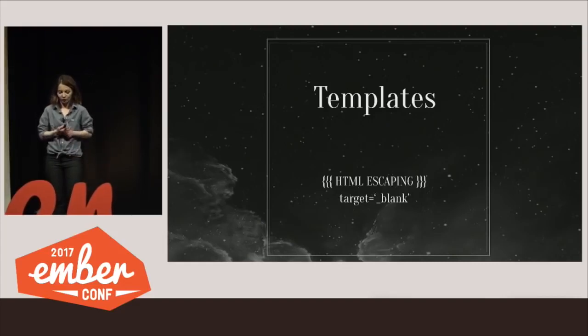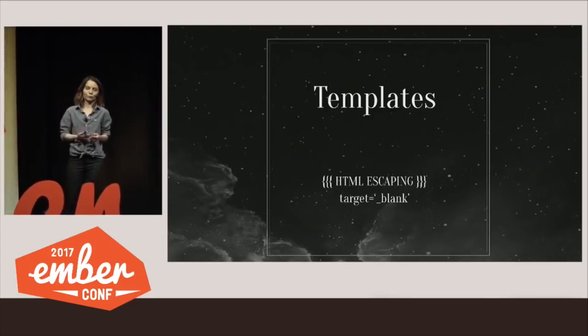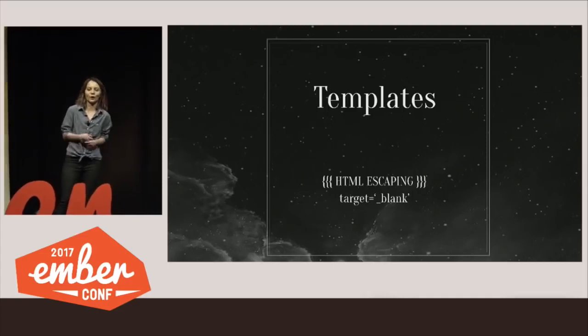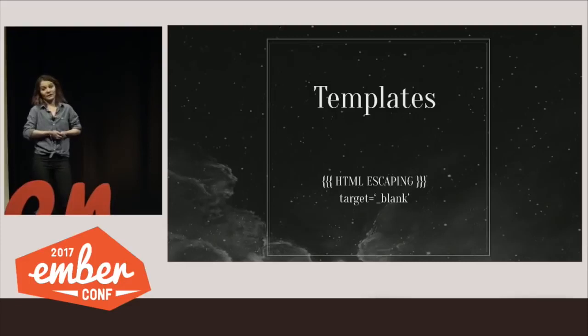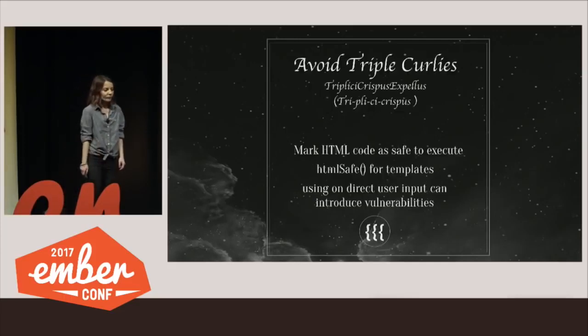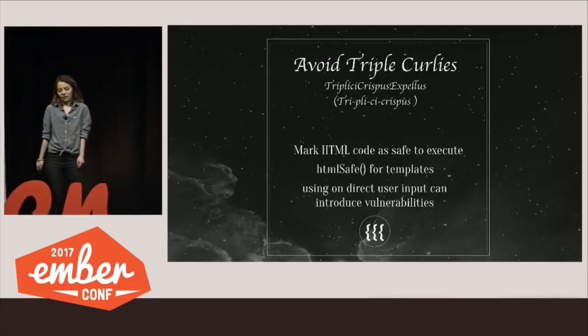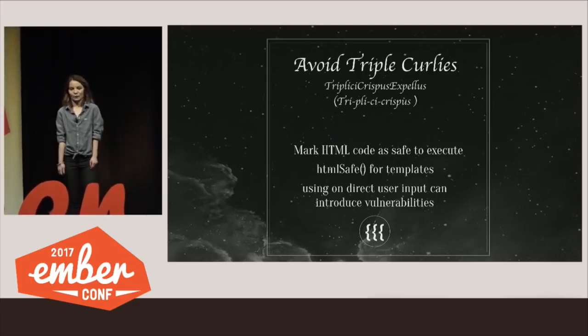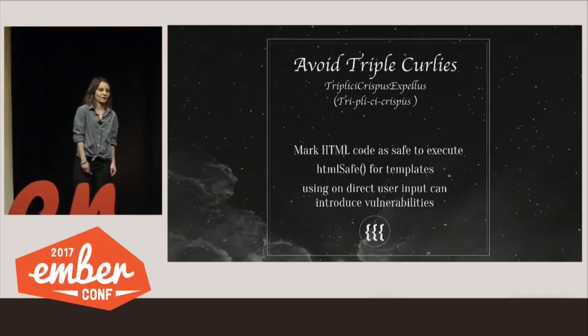Cool, so now we know how to write better components and we know how to write better helpers. But we have templates as well, and it turns out you can escape HTML in your templates. We're also going to talk a little bit about target blank, what that means, and why it's a very bad idea to use on its own. So escaping, we've already established that escaping HTML is very dangerous.